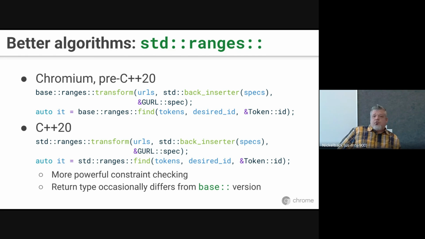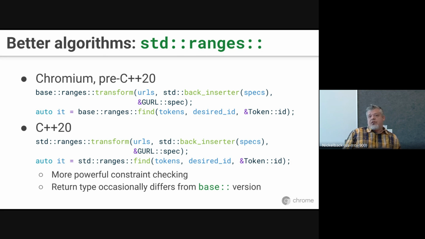In C++20, we now have the official standard library version of this, which you'll note looks very, very similar. In fact, in this case, it's precisely identical, except for base has been changed to std. It's not always identical. There were a few differences in terms of return types. In particular, the standard library version does extensive constraint checking.